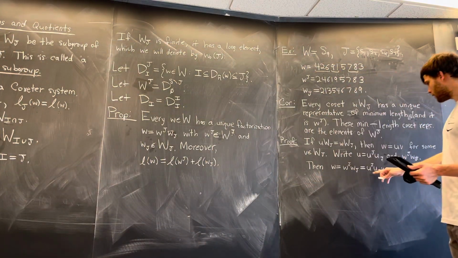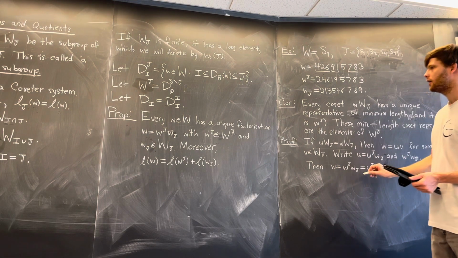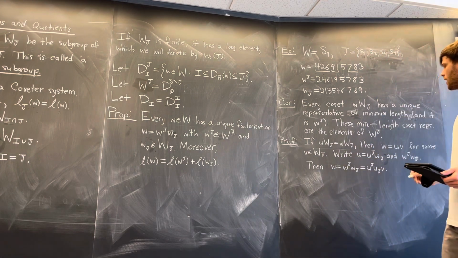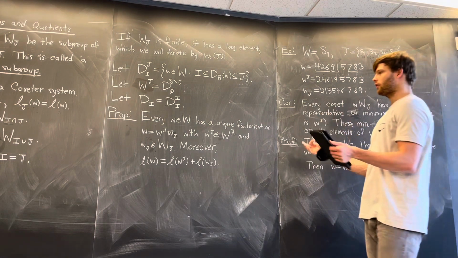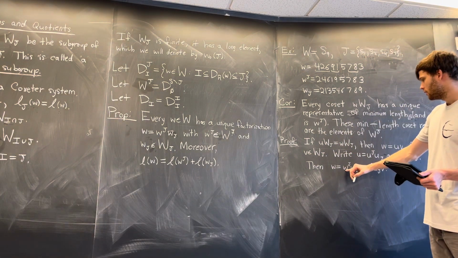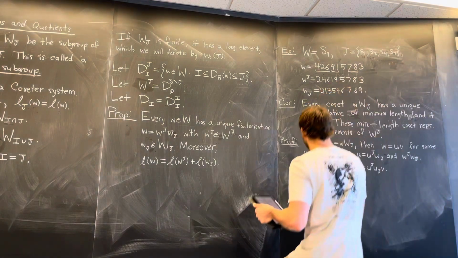So here I've written W as some element of W superscript J times some element of W sub J. And the proposition says that this factorization is unique. So in fact, W superscript J must have been equal to U superscript J.